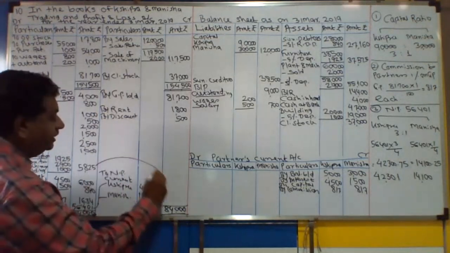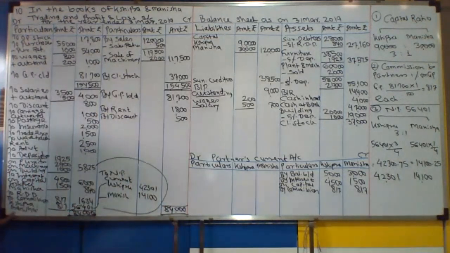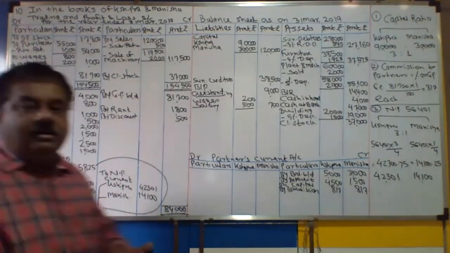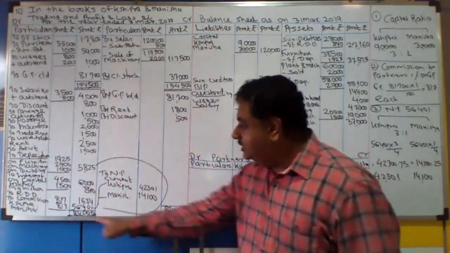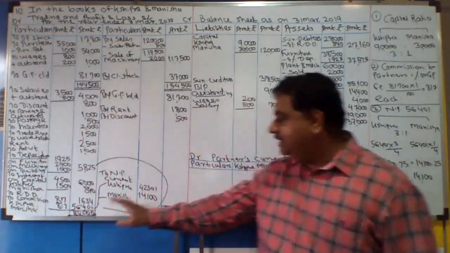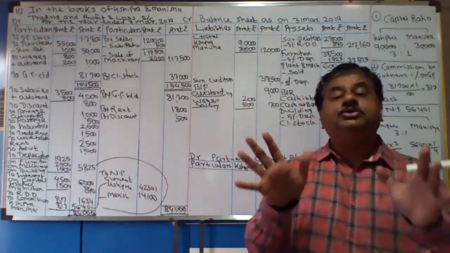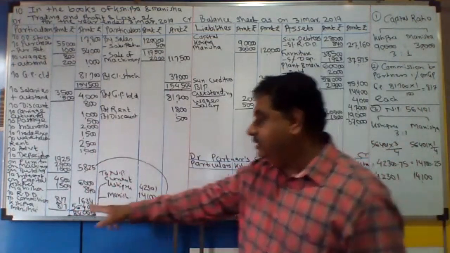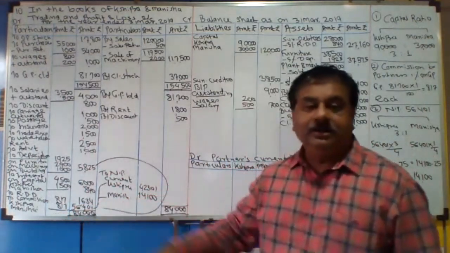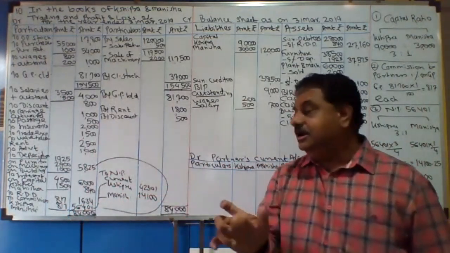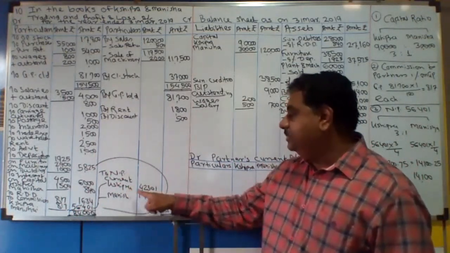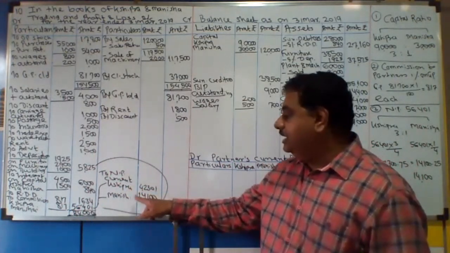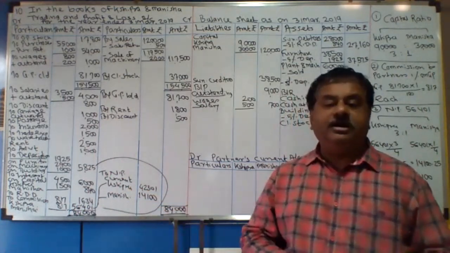You have to write all this in the debit. I don't have space to write here. Listen to me. I don't have a space to write over here, so I am actually writing it just to show you. Orally I can tell you. You have to write this in the debit, to net profit. Below it write to current account. Names: Shipra 42,301, Manisha 14,100.